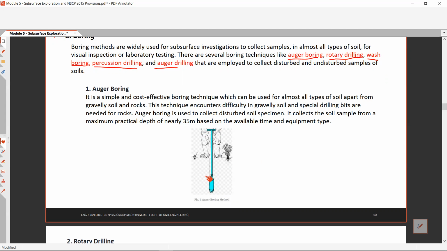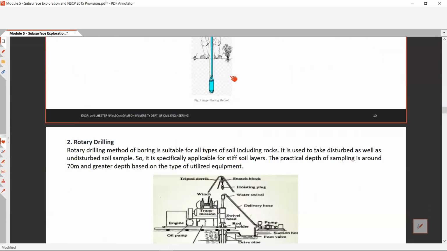It is used to collect disturbed soil specimens. It collects the soil sample from a maximum practical depth of nearly 35 meters, based on the available time and the equipment type.